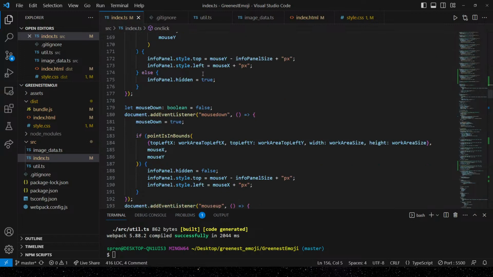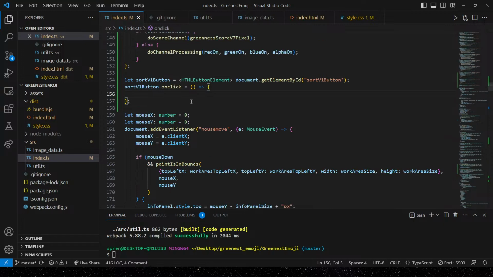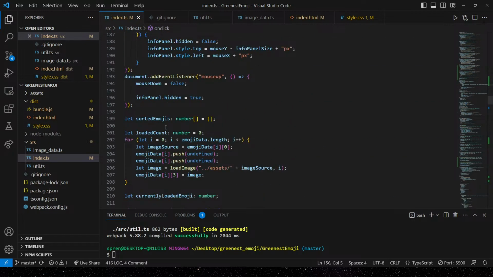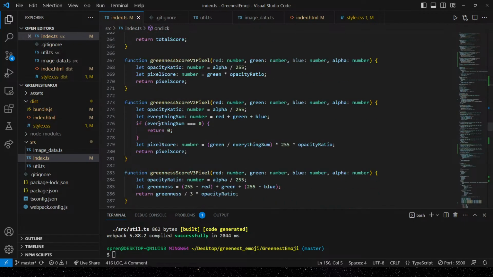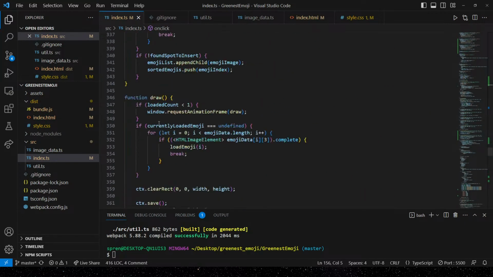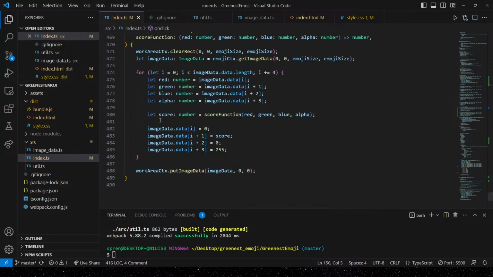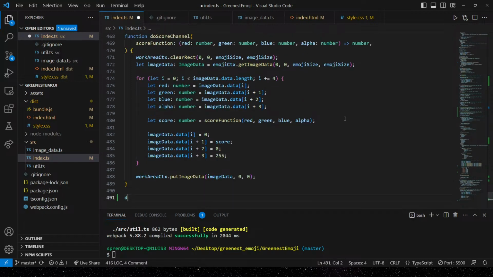So, how does this work? Let me see here. Do score method and do channel processing. I basically need a function here called like do resort. No, not that.